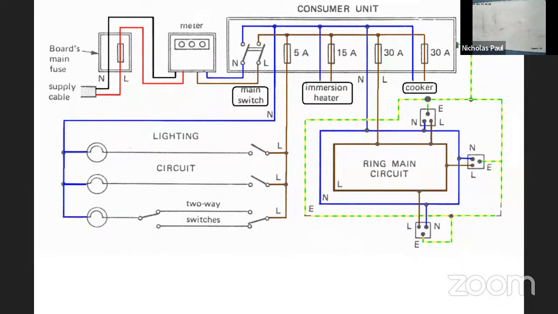Nice, good. So within the household circuit, of course, you have your components. You have your little light switches and you have your immersion heater, your main switch, cooker, and so on. You'll recognize some other things. Anybody recognize what this is here?